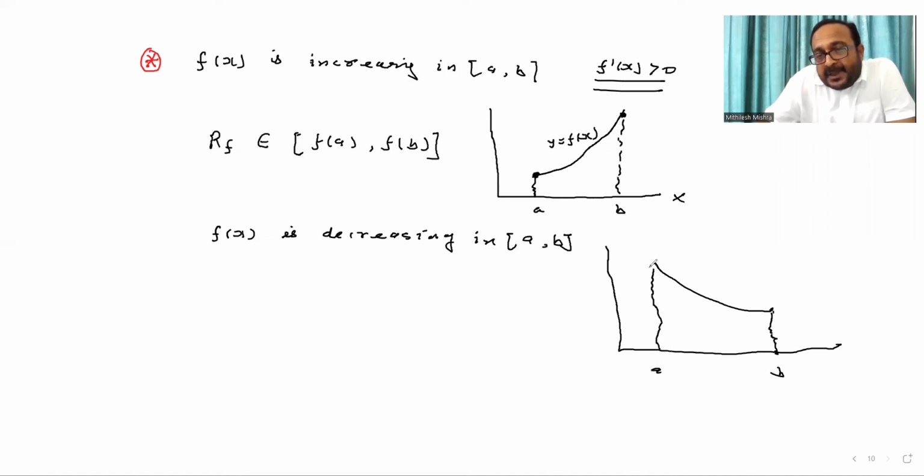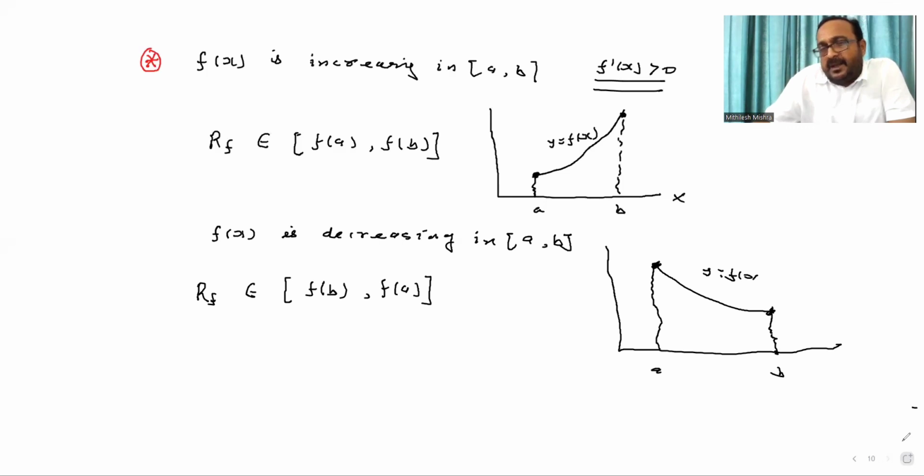A to b the graph is decreasing. So f(a) will have a greater value in comparison to f(b). So this time the range of the function belongs to f(b) to f(a). And you will see the problems in the application of derivative.